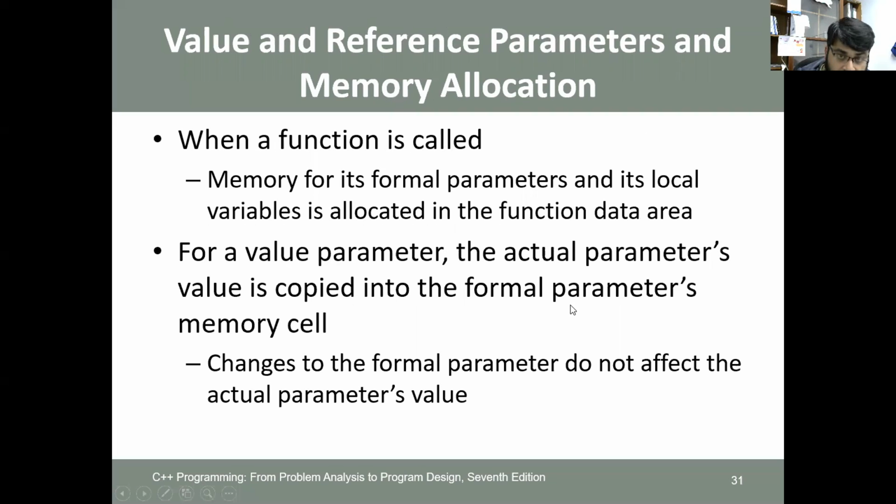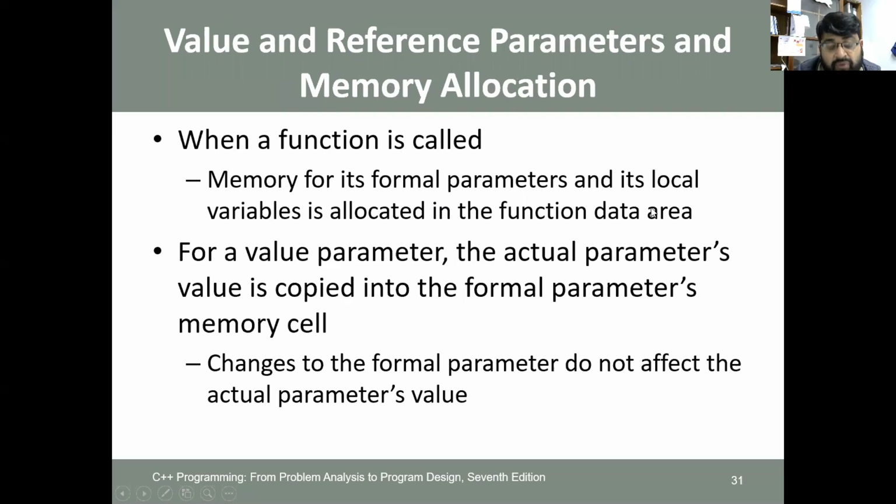When a function is called, these are some of the nitty-gritty details of what happens. This is something you need to know because you'll be using a lot of functions in your projects. So when a function is called, the memory for its formal parameters and its local variables is allocated in the function data area. The memory will always be allocated in the function data area.